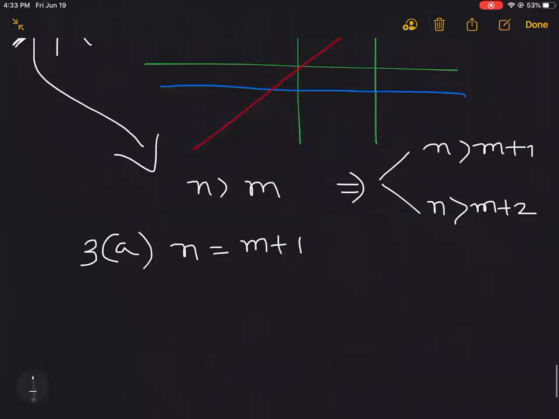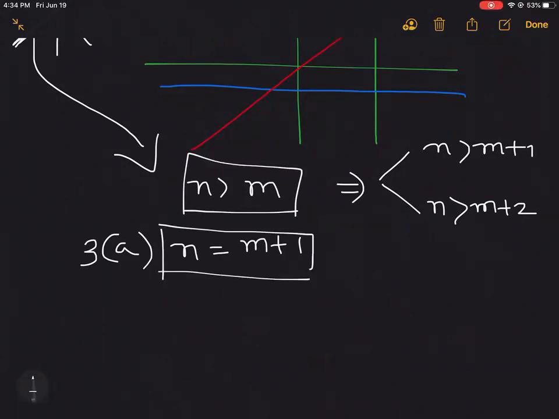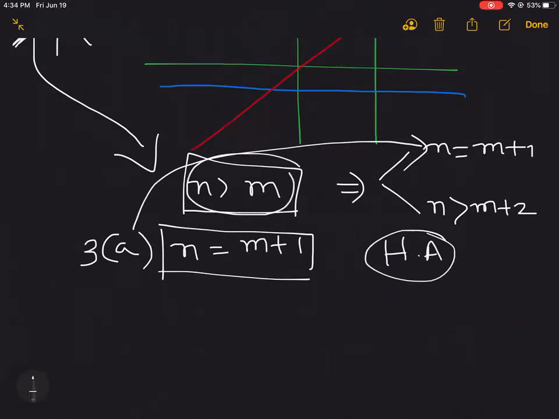But if n is greater than m, and it's actually just one more, okay, not this, sorry, this should be equal. If it is this 3a, then we will definitely not have any horizontal asymptotes, as we can see from here. For any n greater than m, we can straight away say that at least I won't have any horizontal asymptotes.